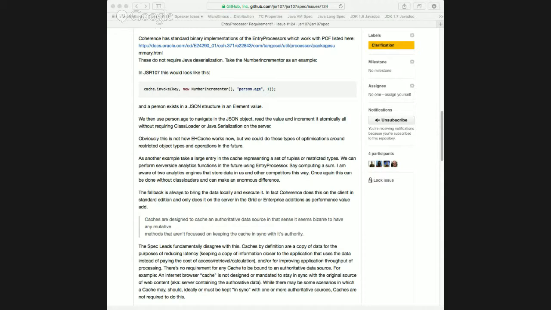The problem is that JSR 107 is trying to be a general purpose cache that can cache a SQL database, a key value database, a graph database, an XML database, the internet, anything, right? And so it feels to me like this invoke method is trying to be the general purpose route into being able to express any possible data manipulation pattern that you could have on your authority.